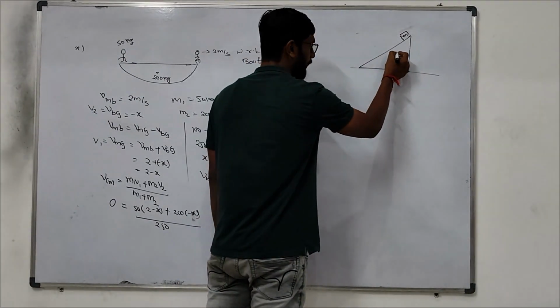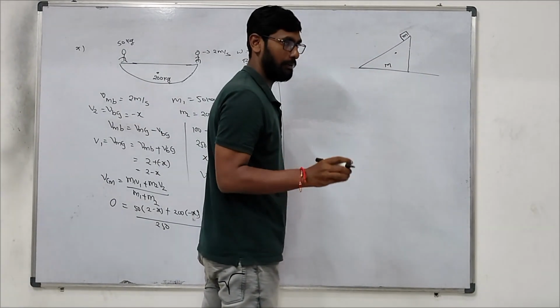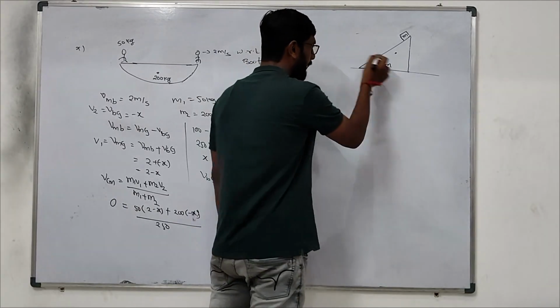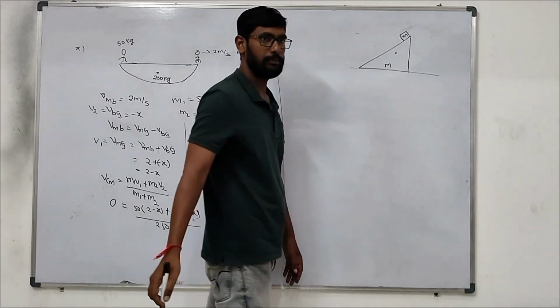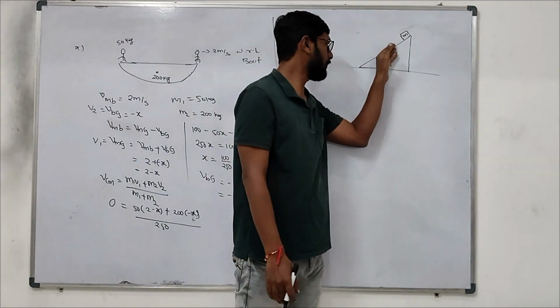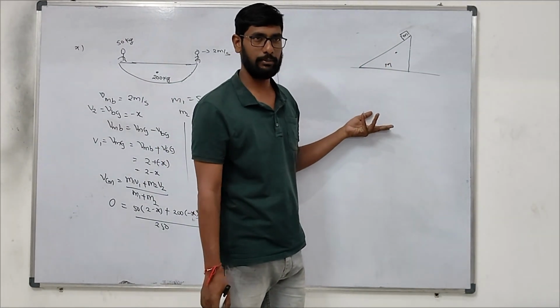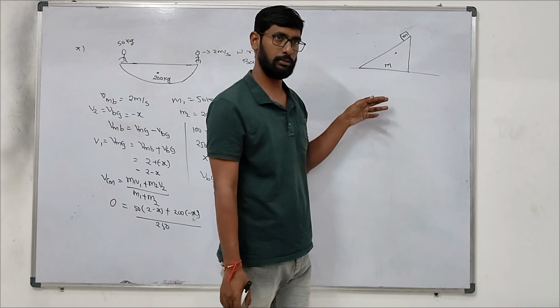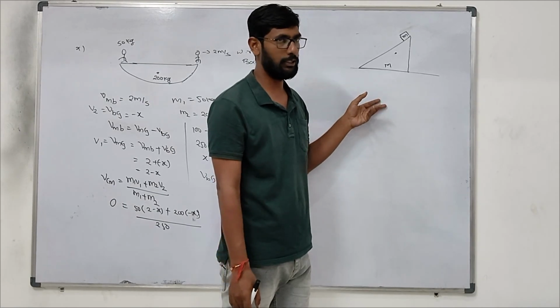Now if you see the acceleration of center of mass, is there any force acting in the horizontal direction? In the vertical direction, normal force is acting, weight is also acting, both get balanced. So net force will be zero, so there will be no acceleration.